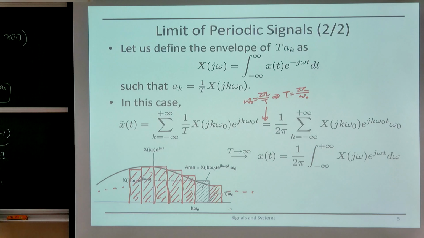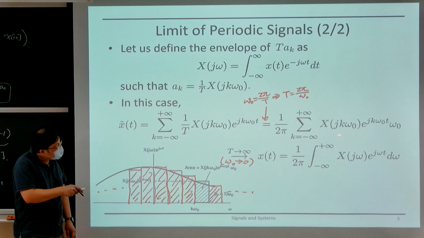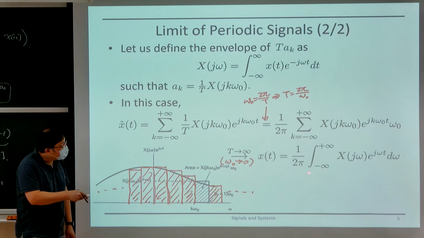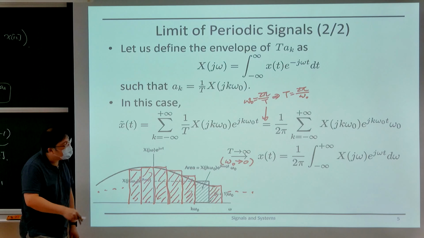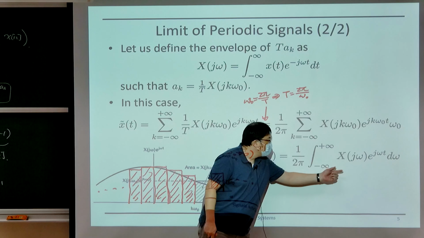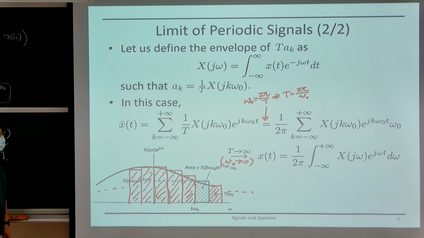So as T goes to infinity, or equivalently as omega naught goes to 0, this summation converges to the Riemann integral of this function X times e to the j omega t, scaled by 1 over 2 pi.